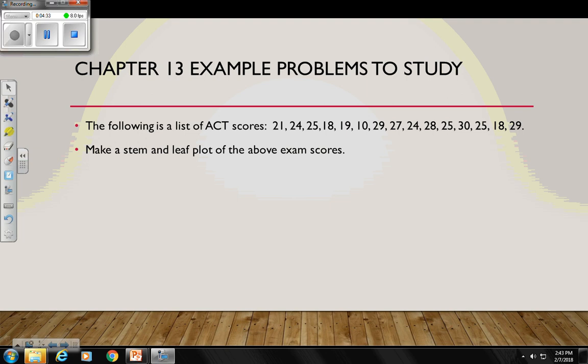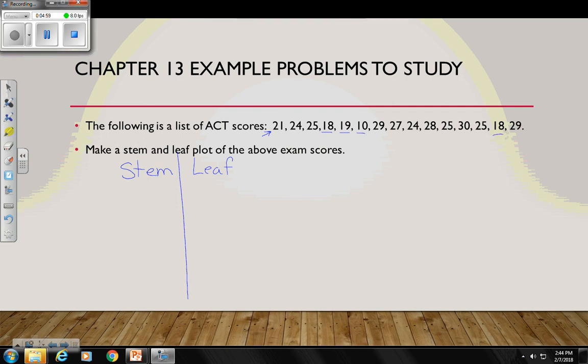All right, the following is a list of ACT scores. So here I have just given you a list of ACT scores. Make a stem and leaf plot of the exam scores. So I'm going to show you how I do stem and leaf plots. This is important. Notice that we have only a few of the digit 1 numbers.